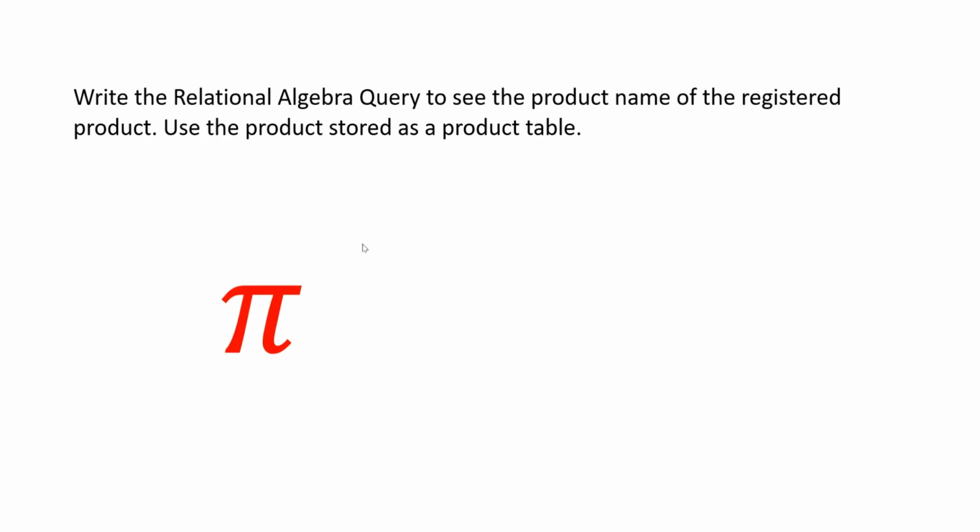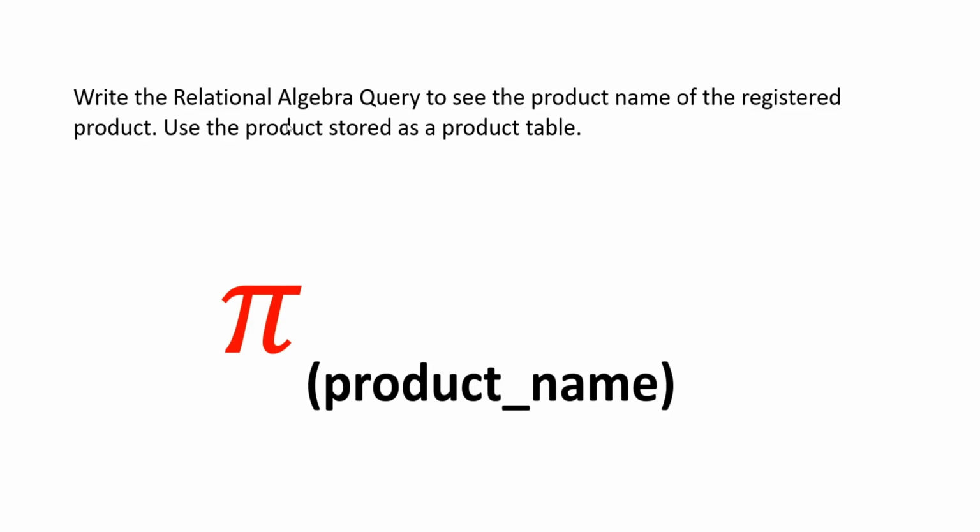In the previous video we studied another operator called the selection operator, and in this video we are going to study this one. This projection operator helps us to get the results in a column. If we want to find a particular column or particular cell, we can use this projection operator anywhere.